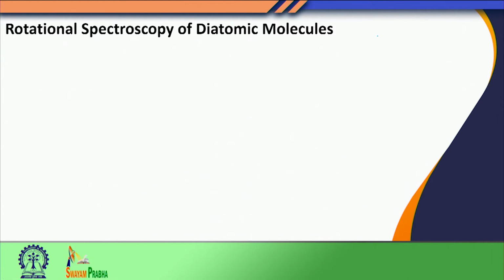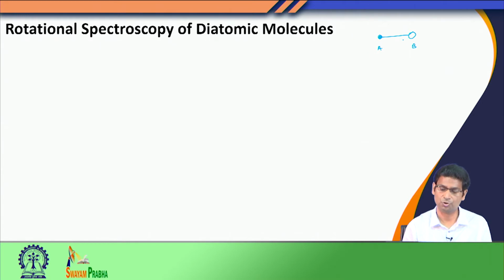We will look at the rotational spectroscopy of diatomic molecules. When I have a diatomic molecule, to keep it general, let me call it AB, and I am rotating this molecule. Of course, I know there are three principal axes around which I can define this rotational motion. One of these principal axes is along the internuclear axis, the other two are perpendicular to the internuclear axis.